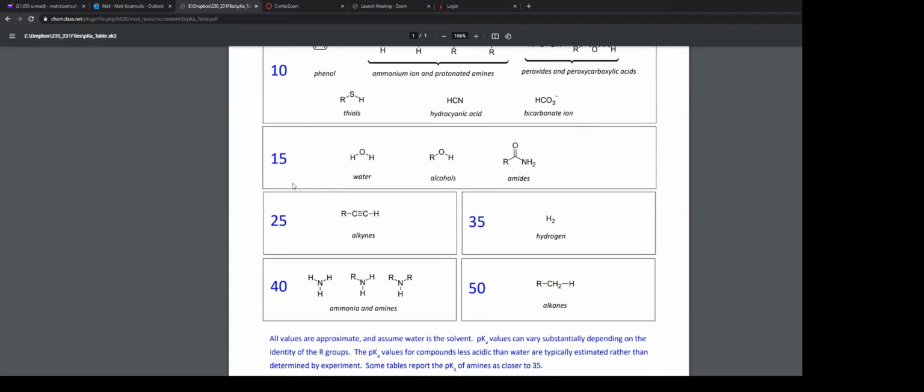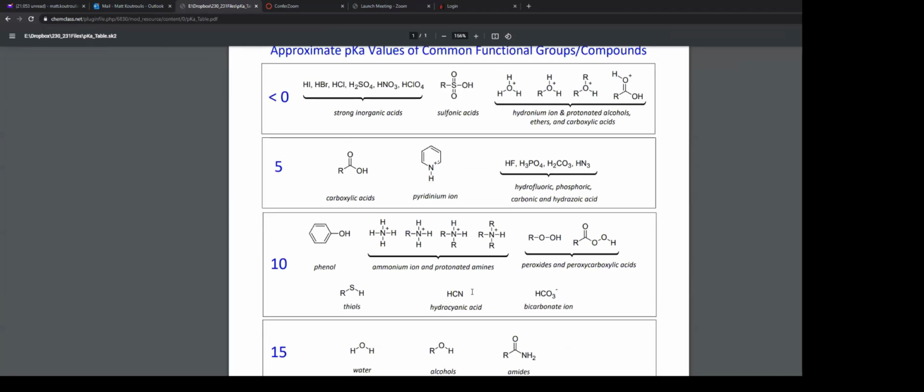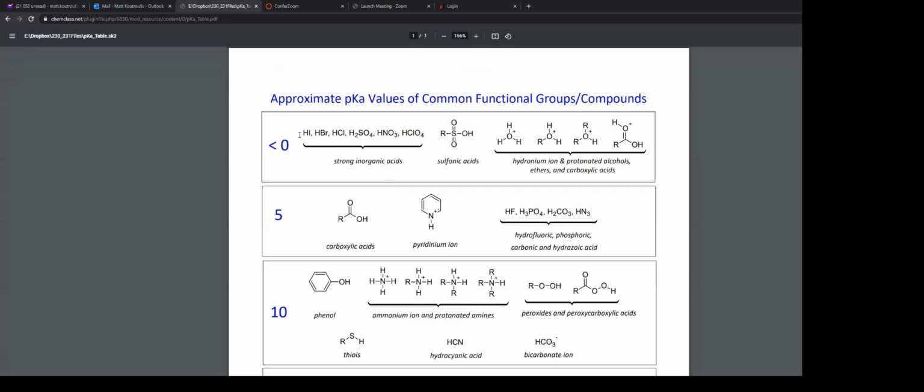There's none around 20 that we need to know now. 25, there's none around 30 we need to know now. 35, 40, 50. Okay. So all the very strong acids that were inorganic, hydroiodic, hydrobromic, anything on the strong list that you learned in Chem 140 has a pKa of less than 0. I do not need you to know specific values. I only need you to know they're less than 0.